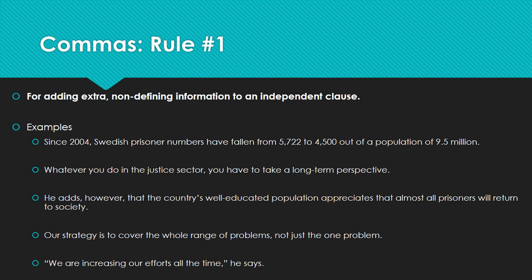Whenever we use time signals or introductory phrases, such as since 2004, or when I was little, or after I wake up, for example, we need a comma. Take a look at the rest of the example sentences. Can you identify the dependent and independent clauses? I suggest you pause the video for a few minutes while you consider the example sentences.